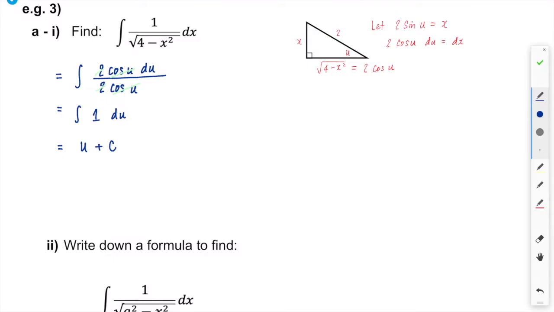Well, if we go back to the first line, that can give us a useful substitution here. Because if I do that, I know I get sine u equals x over 2, or u is the arc sine of x over 2. And here we are, arc sine x over 2 plus c.